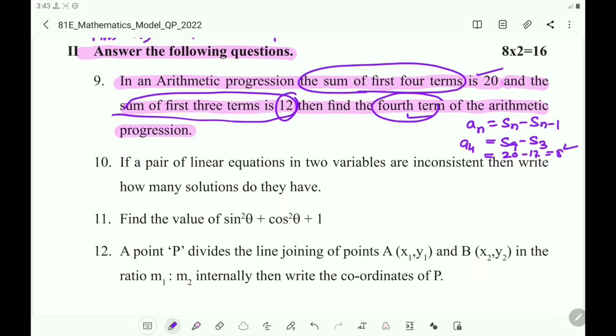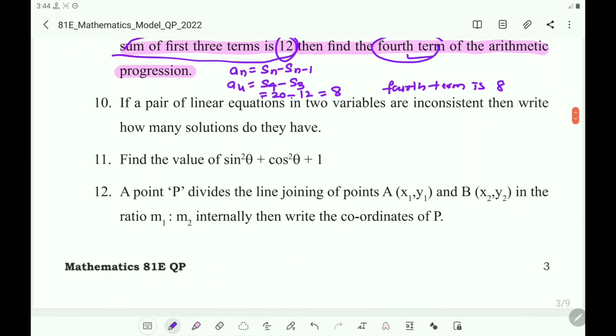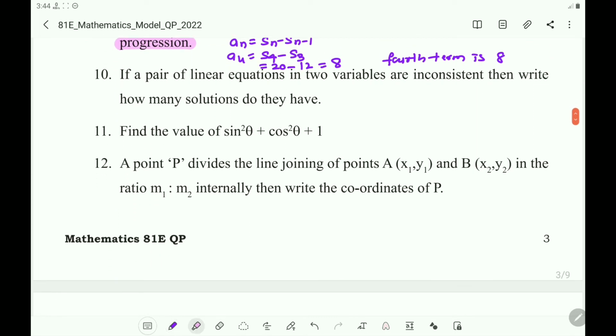You can write this answer in the booklet systematically. You write an equals Sn minus Sn minus 1 and A4 equals S4 minus S3. S4 is 20 minus S3 is 12, which equals 8. Therefore, the fourth term is 8.